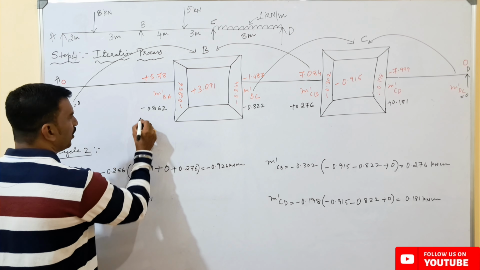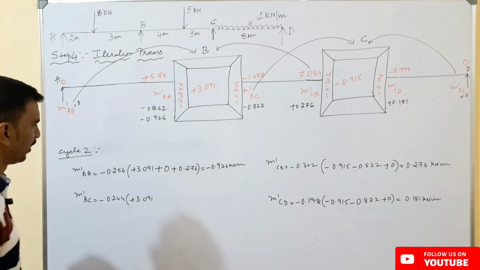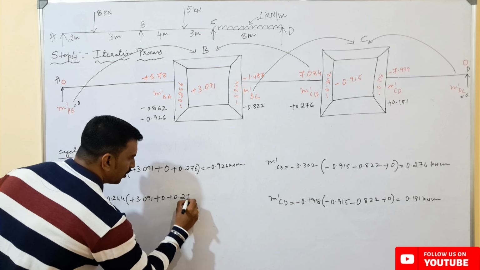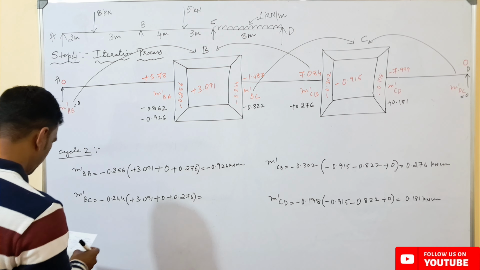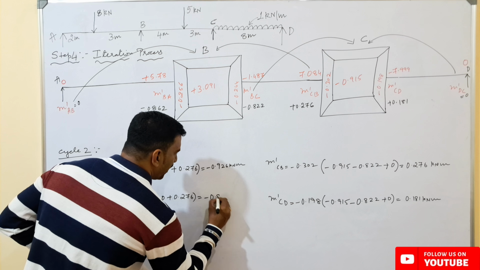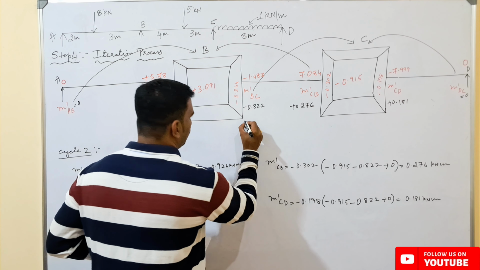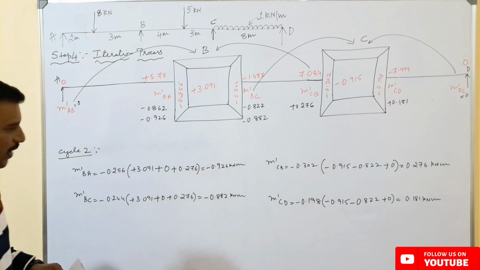So this value we write here, 0.926. Next will be plus 0 plus 0.276, which gives a value of minus 0.882 kilonewton meters. So minus 0.882 kilonewton meters, this value here.